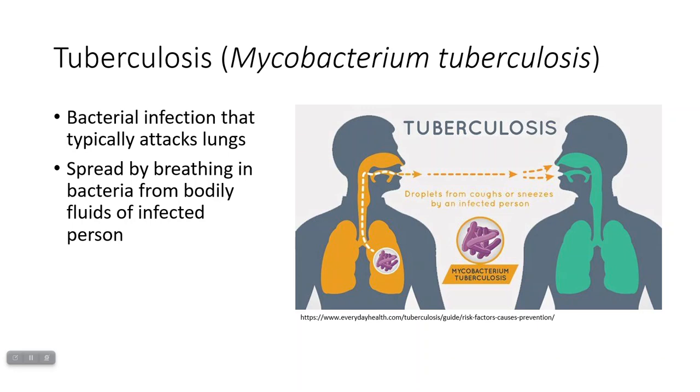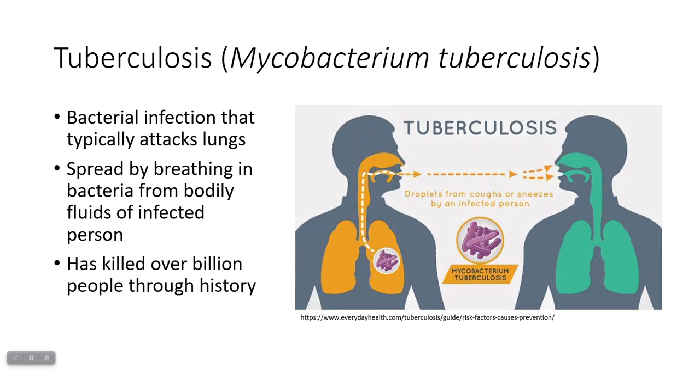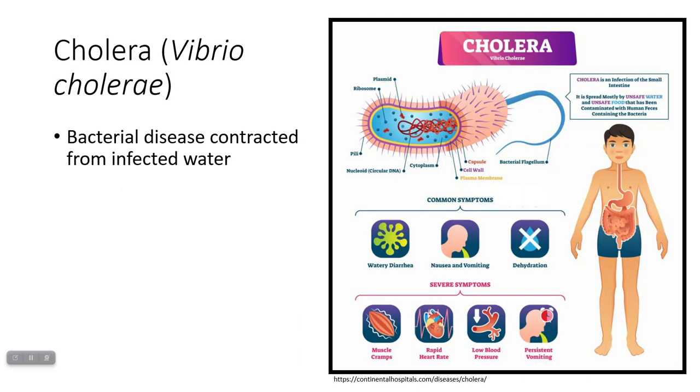People cough, and then little droplets go in the air and they spread the tuberculosis bacterium that way. One or two sources I saw said that tuberculosis has killed over 1 billion people throughout history. This would be since tuberculosis entered the human population, and I think the earliest evidence for that is like 1500 to 2000 BCE. So it's been with us a while.